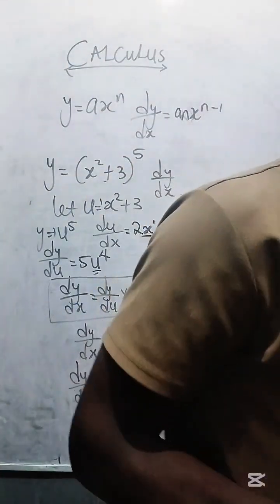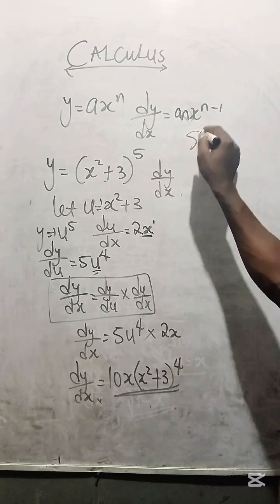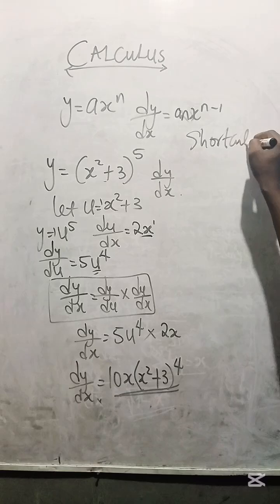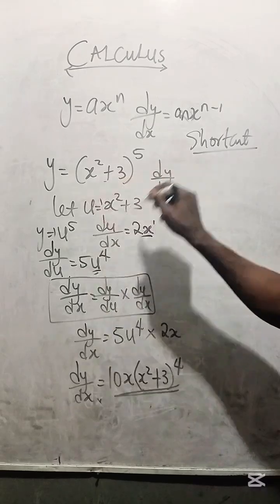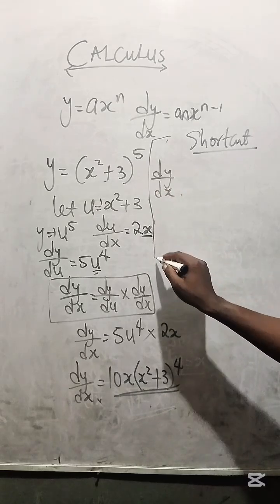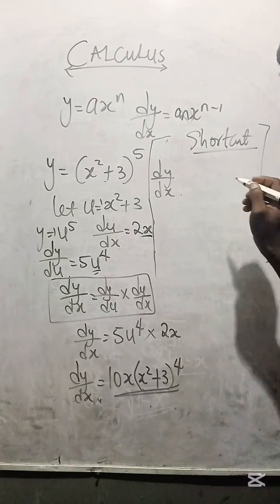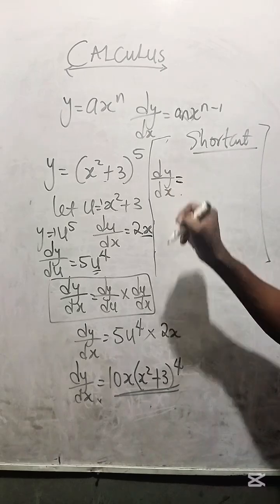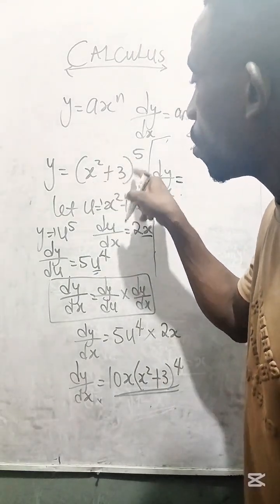Now, if you are asked to solve this question in an objective exam, we have what we call shortcuts. So what is dy/dx of this question? First, y is equal to x squared plus 3 all raised to the power of 5.